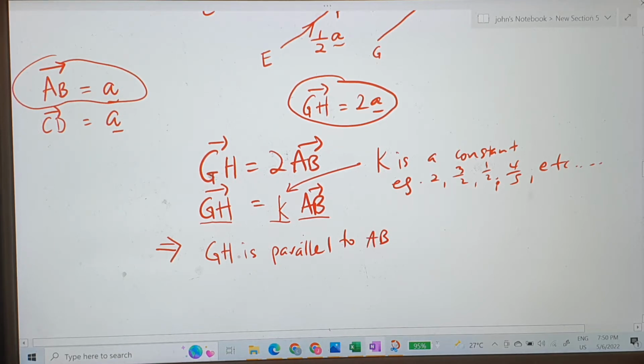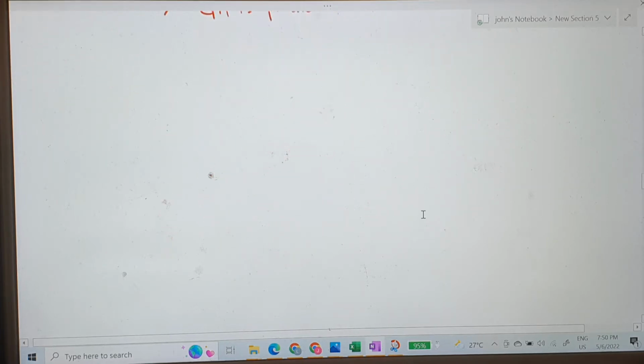Or you can say that this vector GH is parallel to this vector AB. But I can also say that this line GH is parallel to this line AB. Now let me give you another example to clarify this.